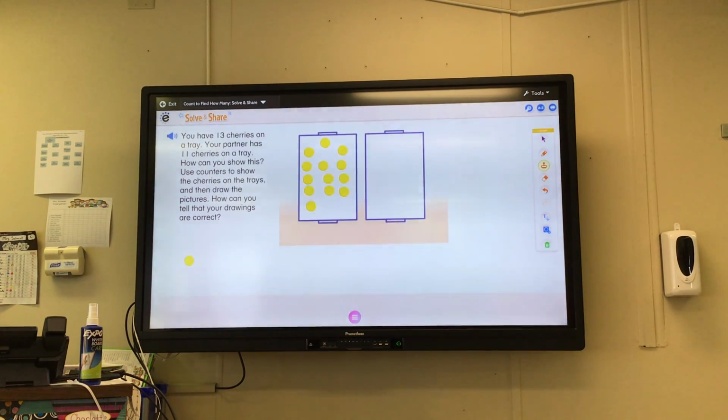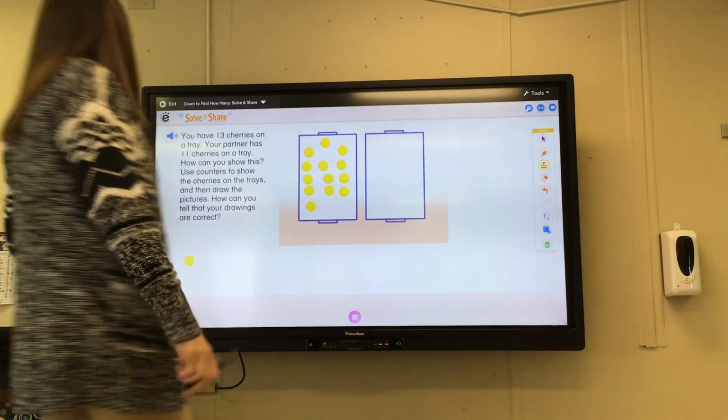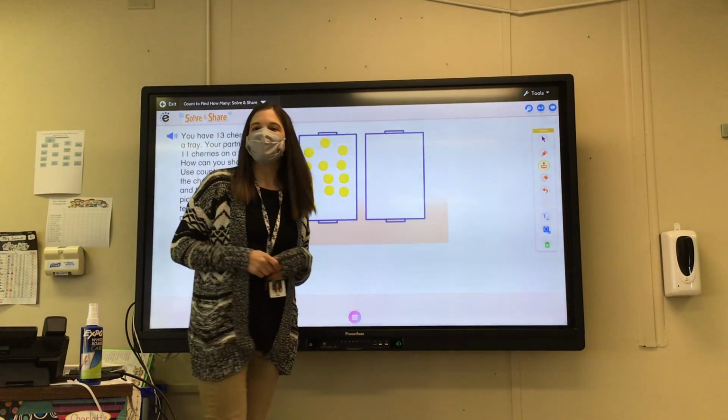Okay, just counters. Okay, see that? 13 counters on the first tray, or cherries. How many does your partner have?